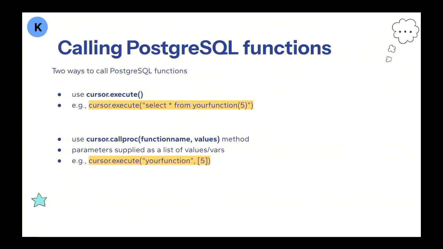The first one is the name of the function, which is supplied as a string. And the second one is a list of values which are used as the parameters for that Postgres function. So these two methods for invoking Postgres functions are essentially the same.